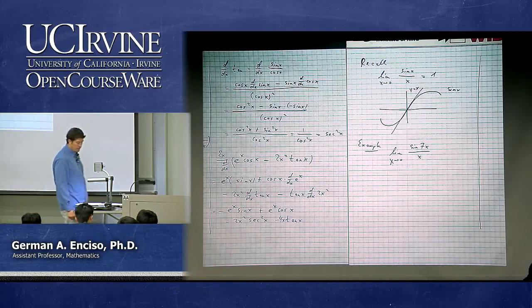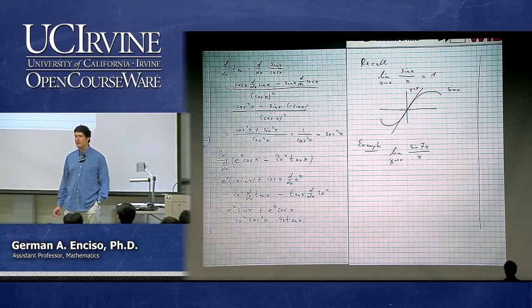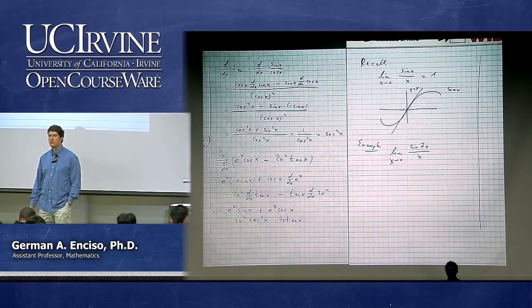It looks a lot like before, except that now we're doing it with 7x instead of x. So what do you think?